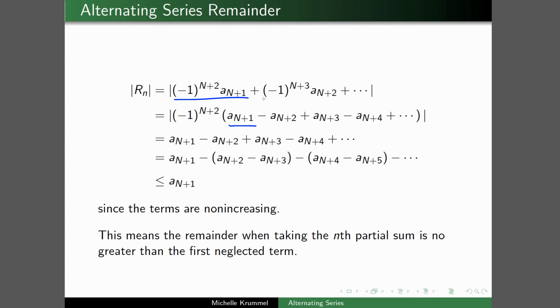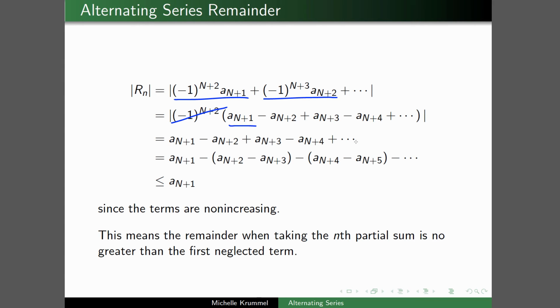When I factor it out from the next term, I'm just left with negative 1 to the power 1, giving me a negative for my second term, and it will continue to alternate. Because I'm taking the absolute value, negative 1 to the n plus 2 is just going to be a positive 1, so that drops out and leaves me with just a sub n plus 1 minus a sub n plus 2 plus a sub n plus 3, etc.